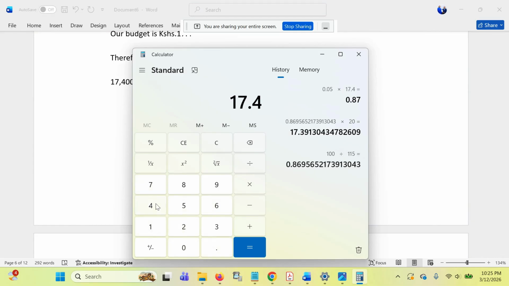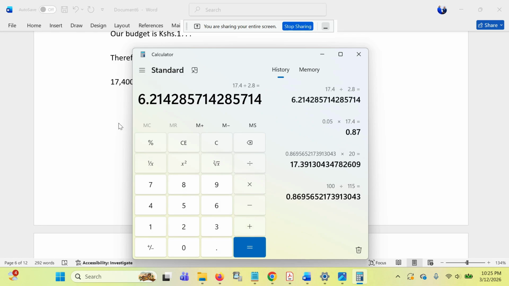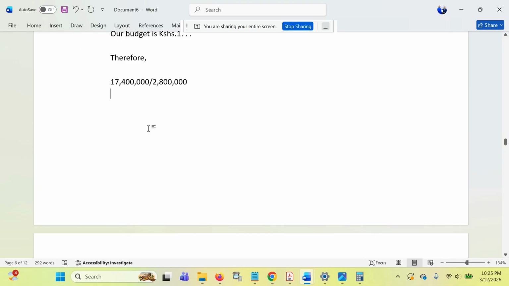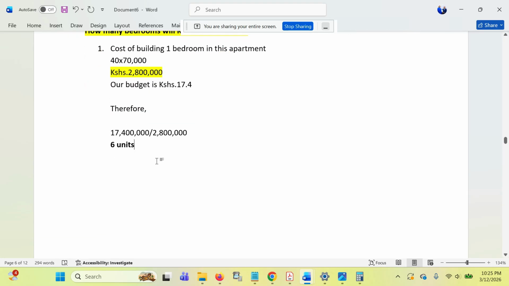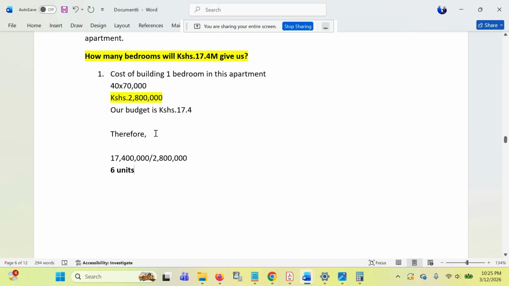We'll have 17.4 divided by 2.8. That will give us 6 units. Okay.